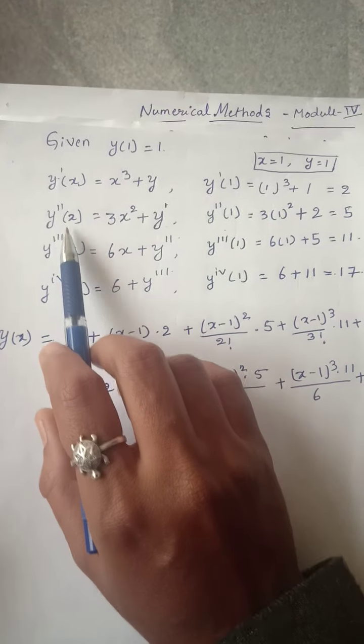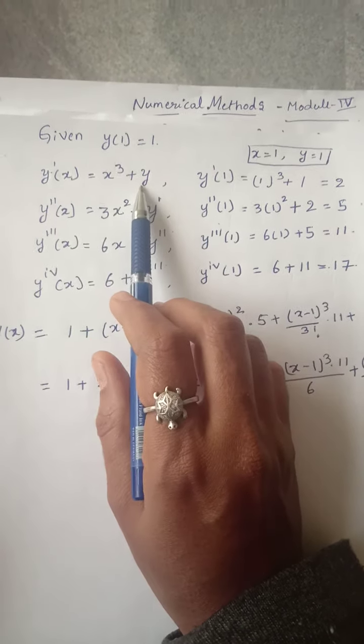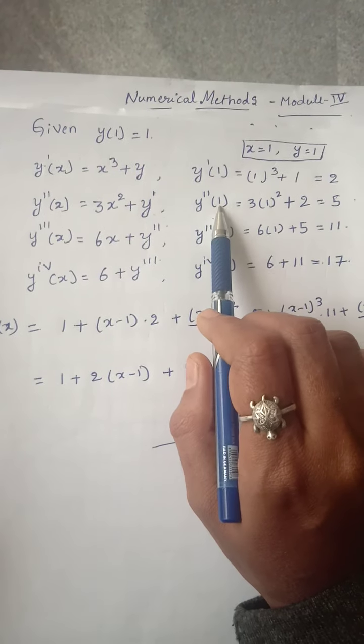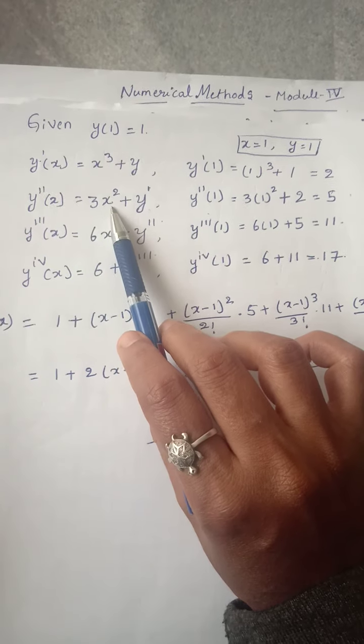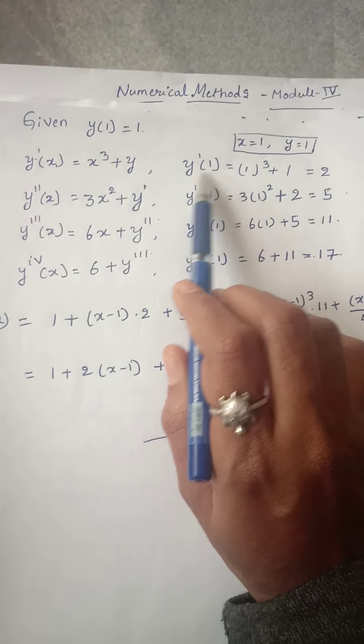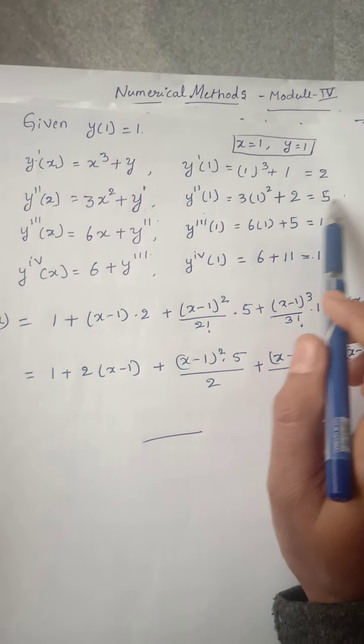Similarly, do the differentiation, y double dash: differentiation of x cube is 3x square, differentiation of y is y dash. Now again y double dash of 1 we have to find, means substitute x place 1 and y dash, we just now found y dash of 1, right? So substitute that value, it becomes 2, that is 3 plus 2, 5.